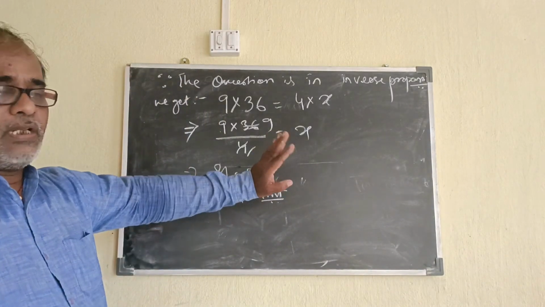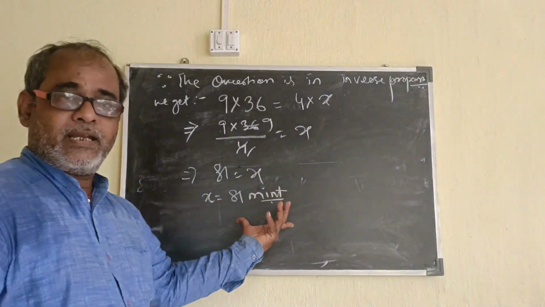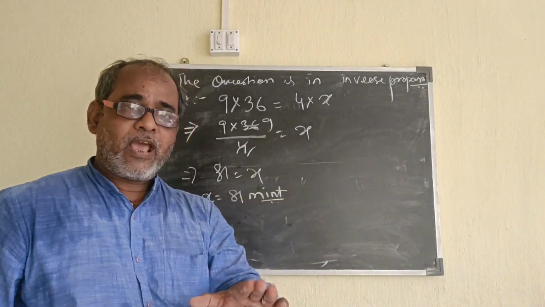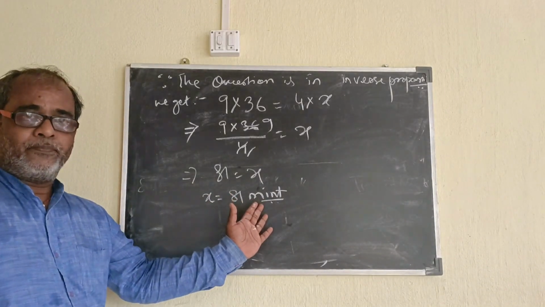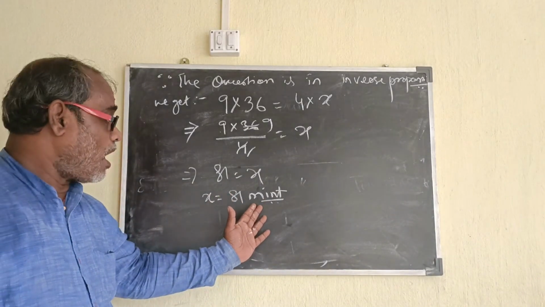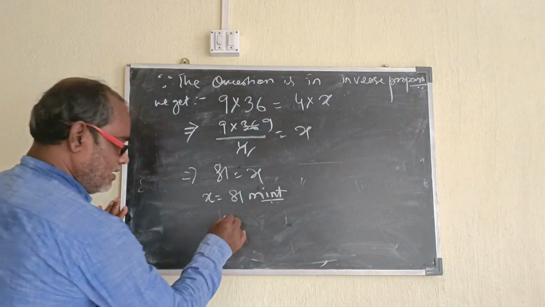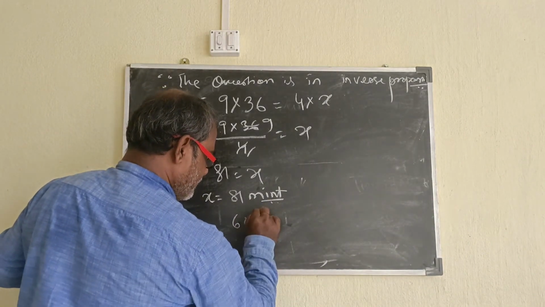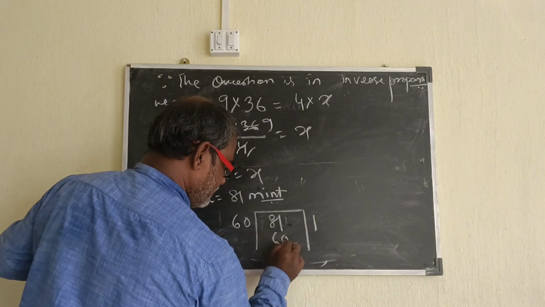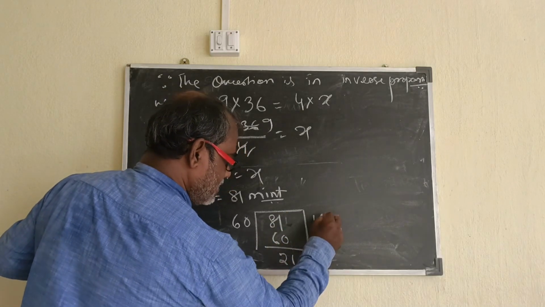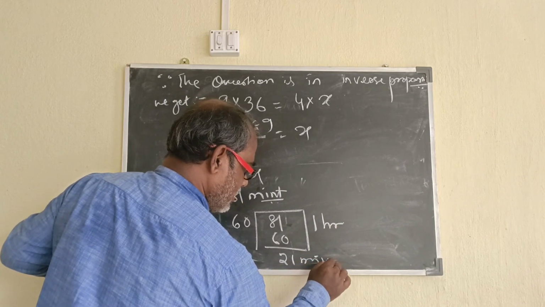Since the question has been given to you in minutes, you can write the answer in minutes itself. Suppose if you have more time, you can convert it into hours. To convert this, we have to divide by 60, that is 1 hour 21 minutes.